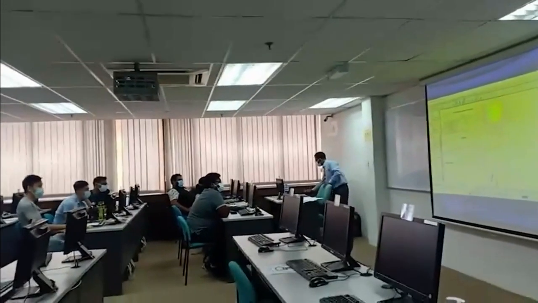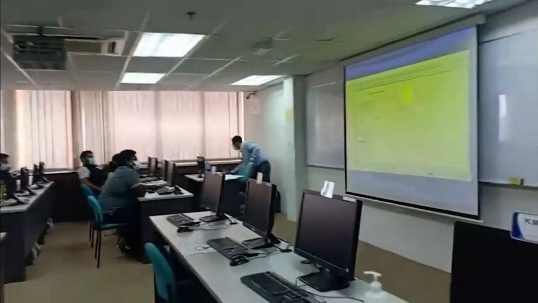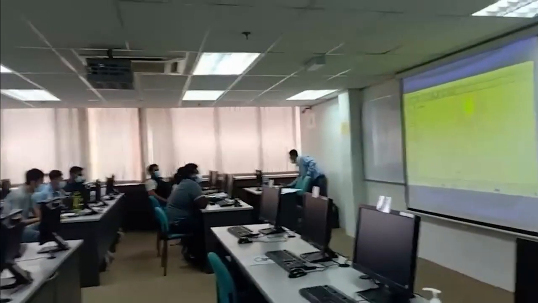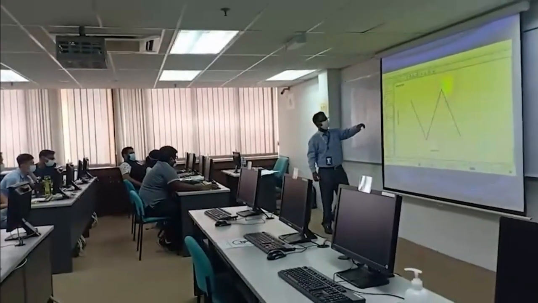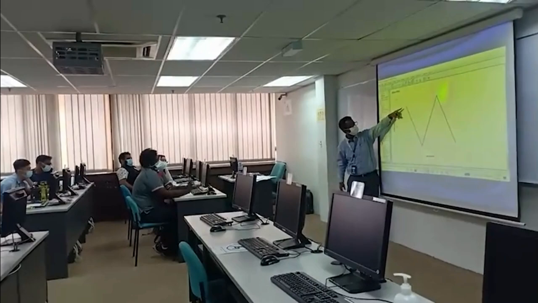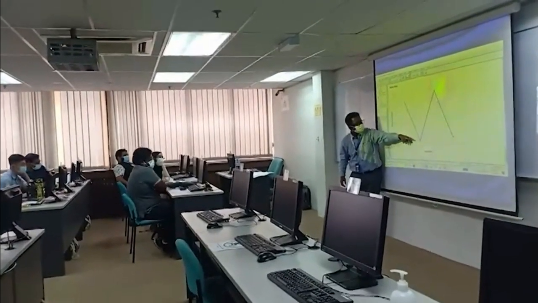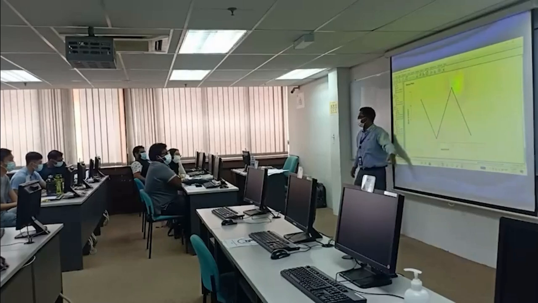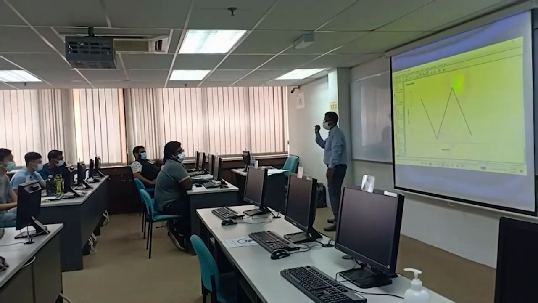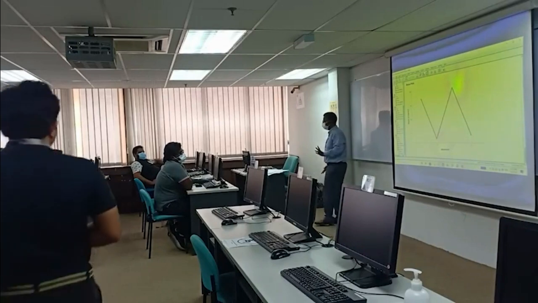The mean value of department 1, department 2, department 3, department 4 is plotted in a diagram. Understood? So these are the main things.